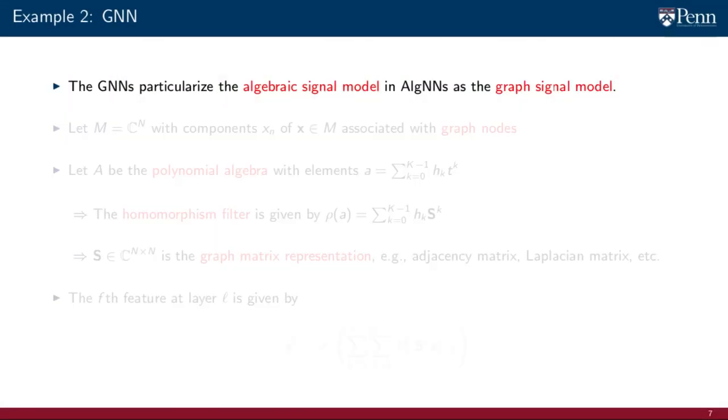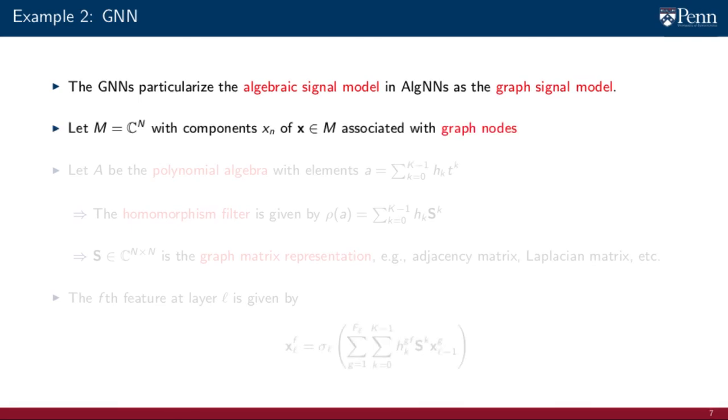The second example is the graph neural networks, which particularize the generic algebraic signal model to that of graph signal processing. Let the vector space M equals Cn with the n component x sub n of the signal x in M associated with the nth graph node. Let also A be the polynomial algebra in the variable t.